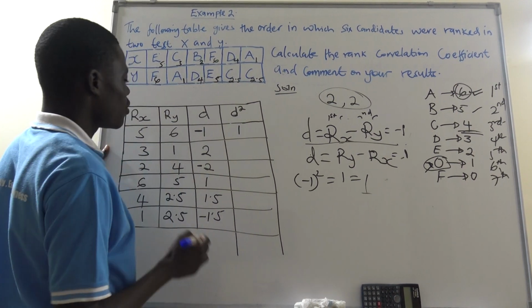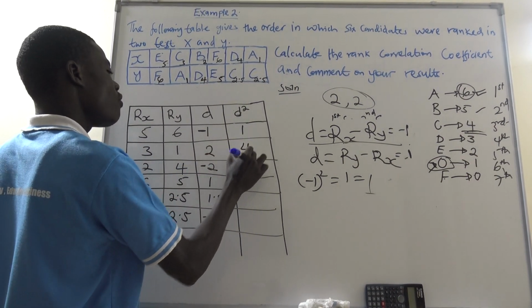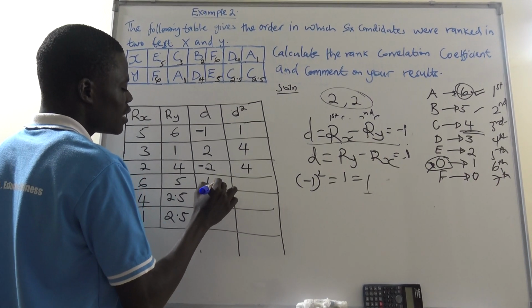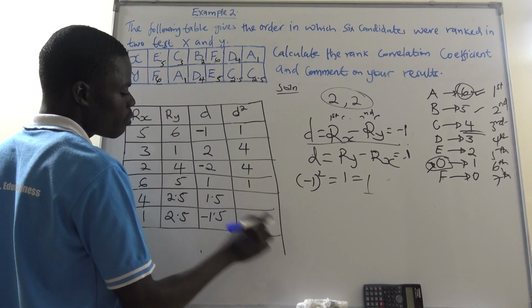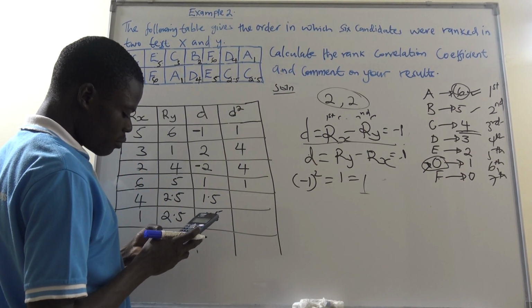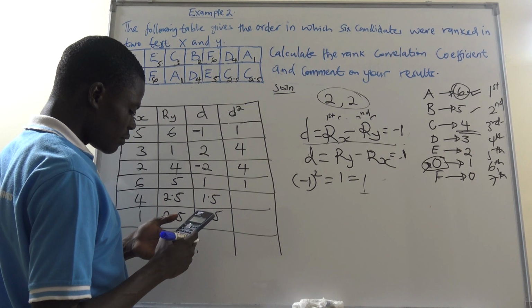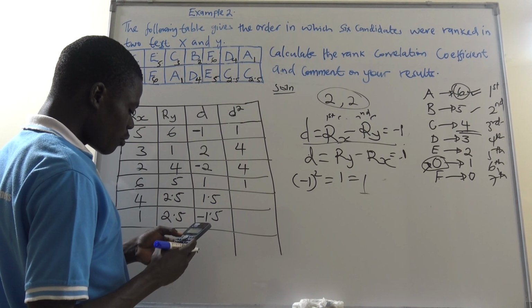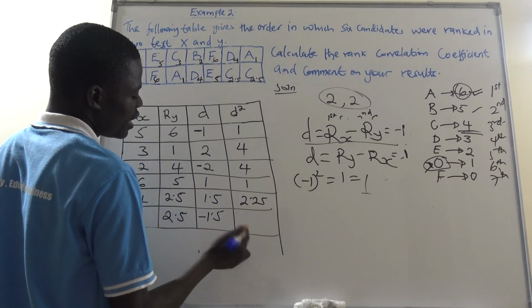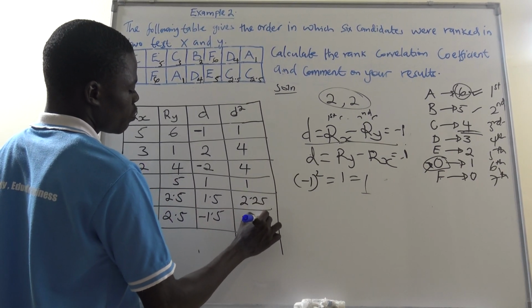After that, 2 squared gives 4. Negative 2 squared gives 4. Negative 1 squared gives 1. 1.5 squared gives 2.25. 1.5 squared again gives 2.25.